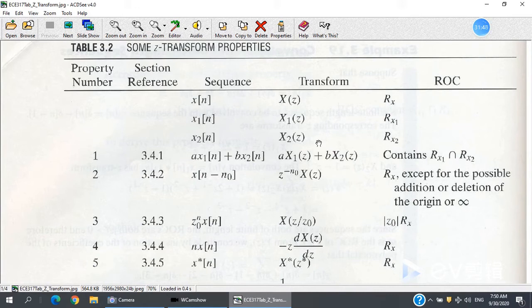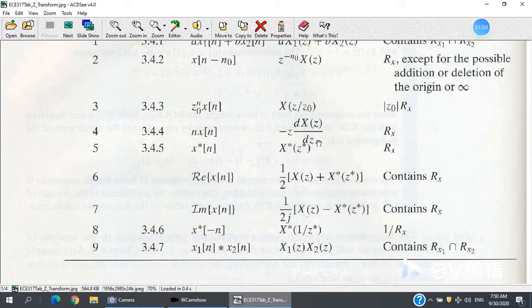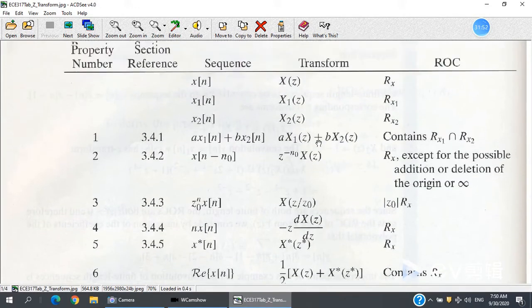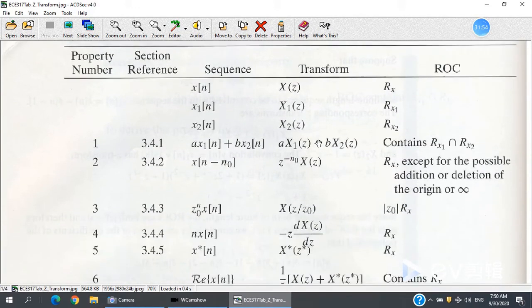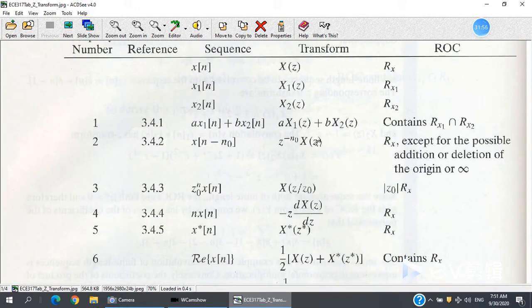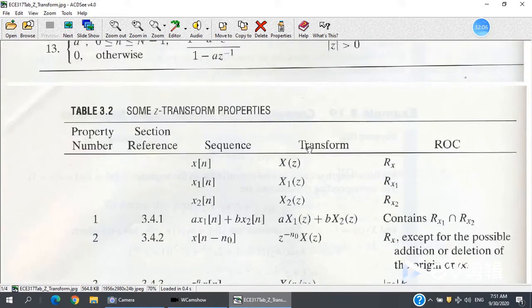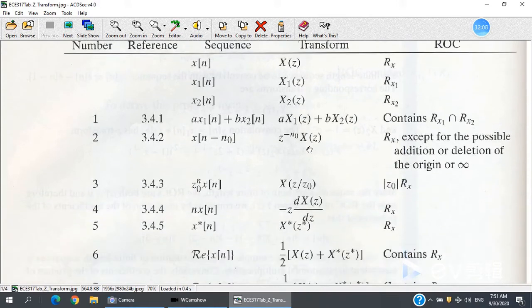Here we have a total of 9 properties. In the textbook, they explain these items one by one. Here I just introduce this table. When you want to use something, you go to the table and use the result in the table.